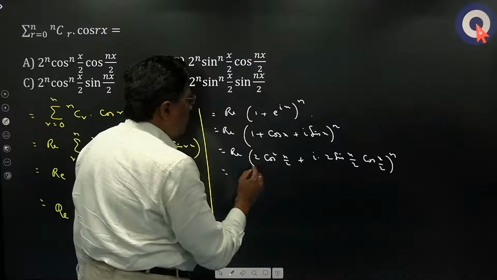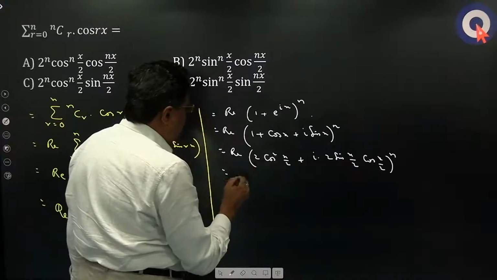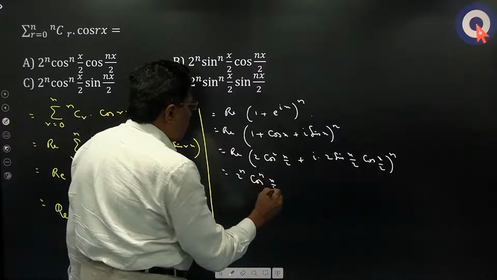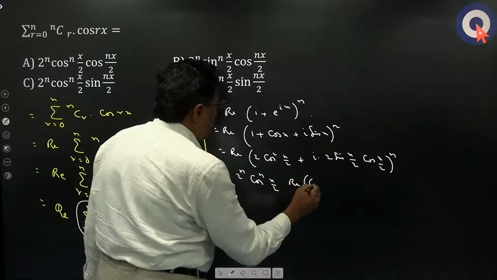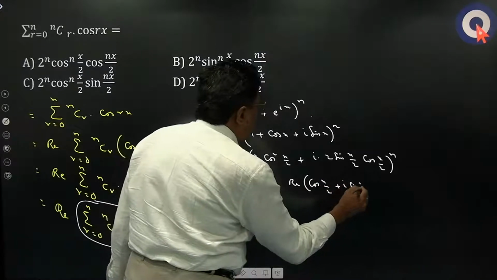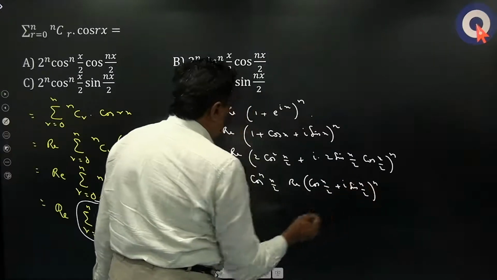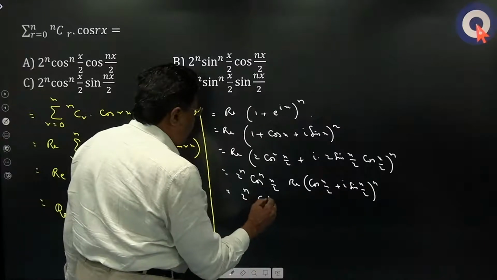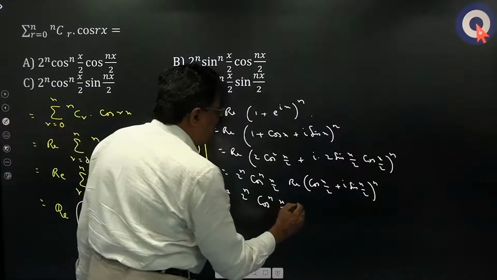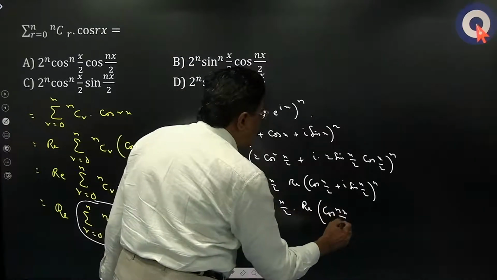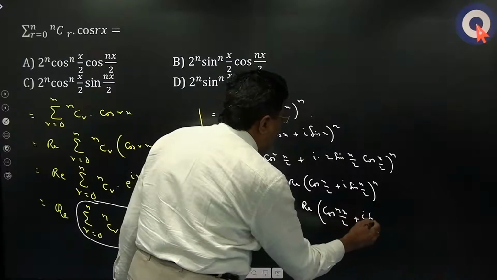So we shall pull out 2 cos x by 2, which becomes 2 power n cos power n x by 2 into the real part of (cos x by 2 plus i sin x by 2) whole power n. So therefore by De Moivre's theorem, we can write this as 2 power n cos power n x by 2 into the real part of cos nx by 2 plus i sin nx by 2.